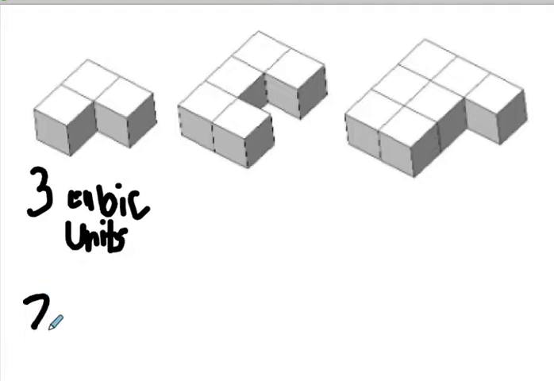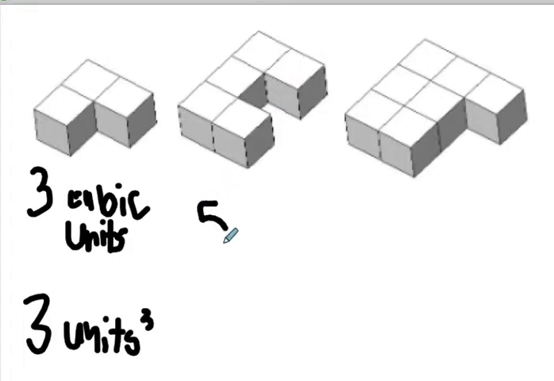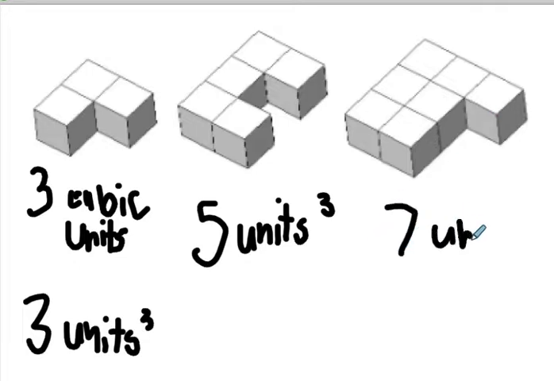Or we could write 3 units cubed. Either way works. This one here is 1, 2, 3, 4, 5. This is 5 units cubed, or cubic units. This three-dimensional figure is 1, 2, 3, 4, 5, 6, 7. So this is 7 units cubed.